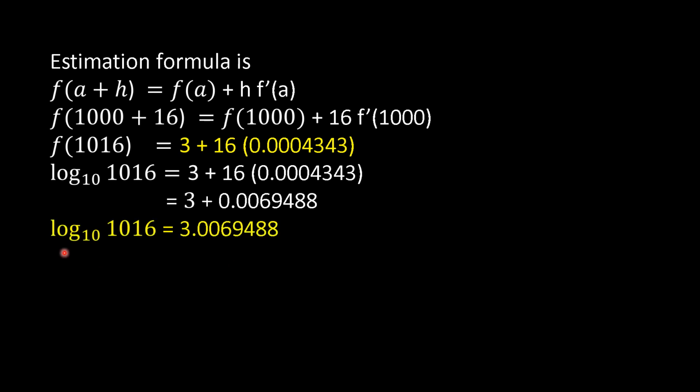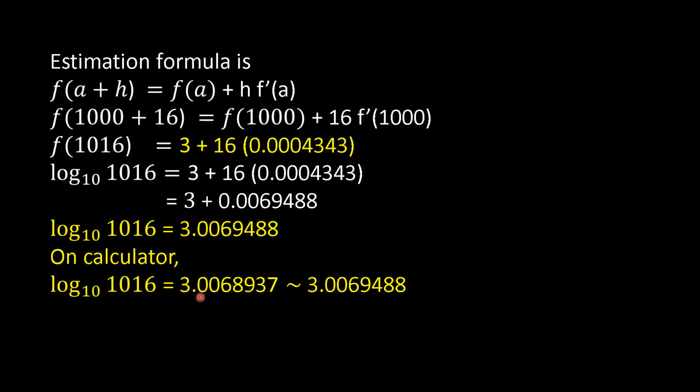So we get log 1016 to the base 10 as 3.0069488. On calculator, we get the same value as 3.0068937, which is very close to the value that we have found out, 3.0069488. So this is the approximate value of log of 1016 to the base 10.